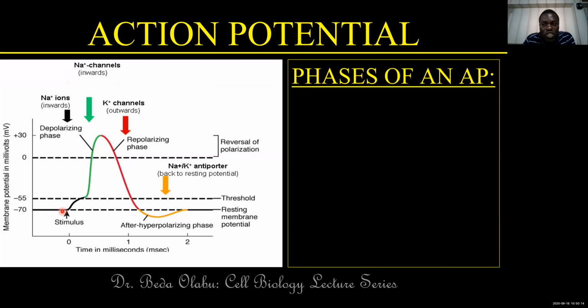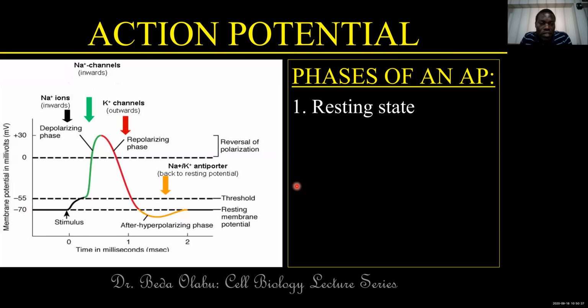So let's take that to be the resting state, negative 70 millivolts. This region here represents the resting membrane potential.